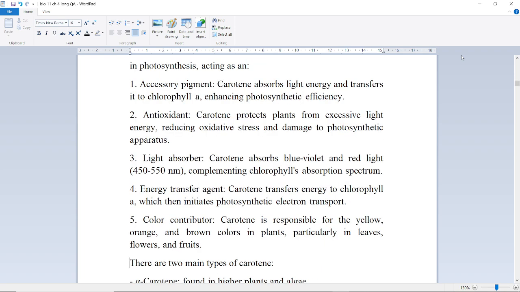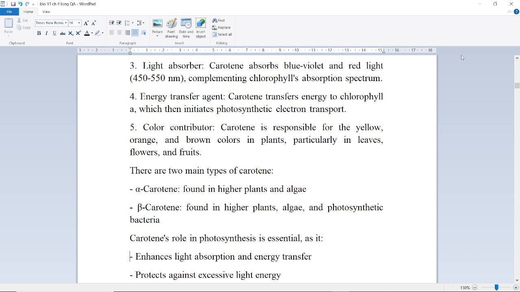Energy transfer agent: Carotene transfers energy to chlorophyll A, which then initiates photosynthetic electron transport. Color contributor: Carotene is responsible for the yellow, orange, and brown colors in plants, particularly in leaves, flowers, and fruits.